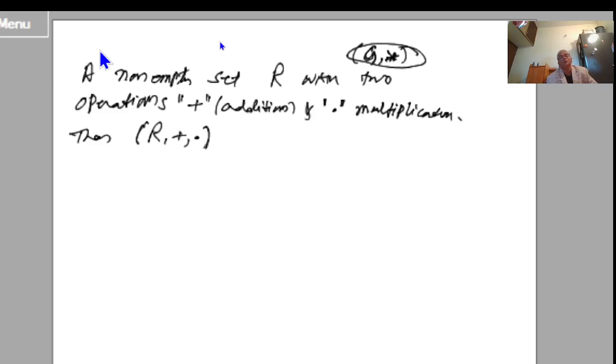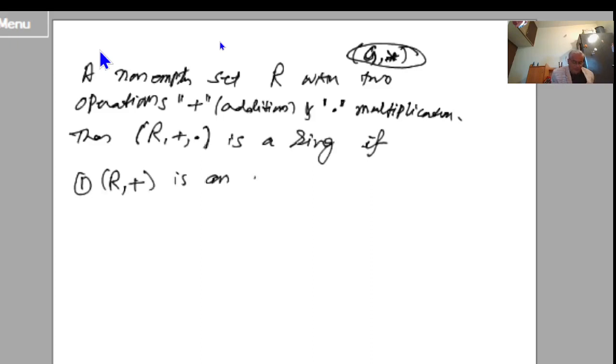Plus is an operation defined on R, dot is an operation defined on R. Then we say that this set together with these two operations is a ring if some axioms are satisfied. First one is R comma plus is an abelian group.